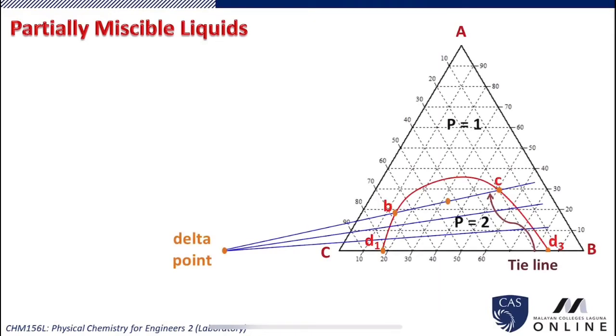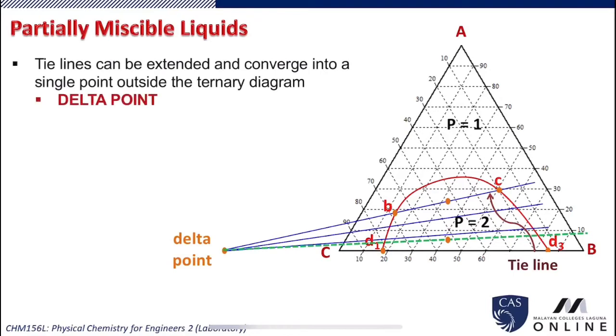And then after we created the different tie lines, we can extend these lines, and that would lead us to what we call the delta point. That is where the different tie lines would actually converge. Now from that delta point, we could use that to project a particular tie line for a particular point. For example, we have here a point.